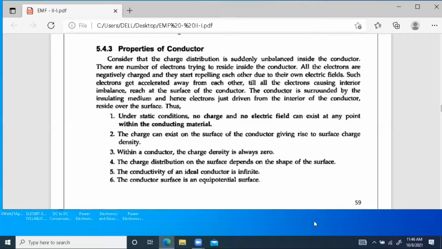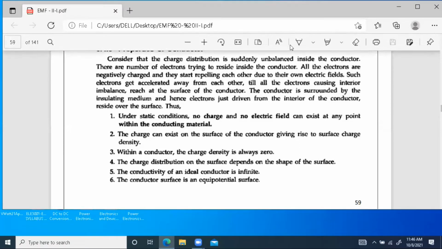Let me see if we can do this. We had this, right? But when we did the example, we used Gauss's law from here to here.